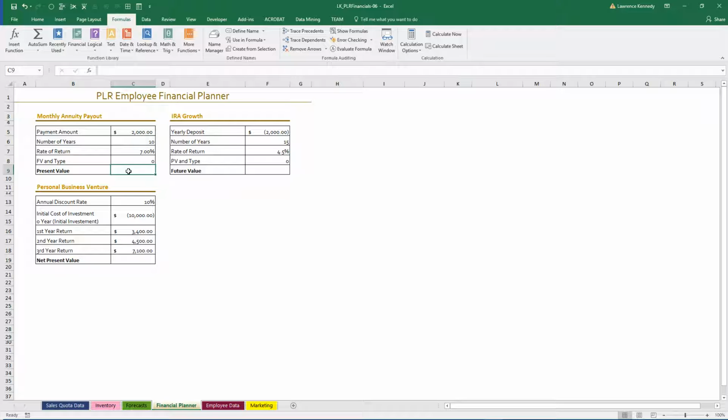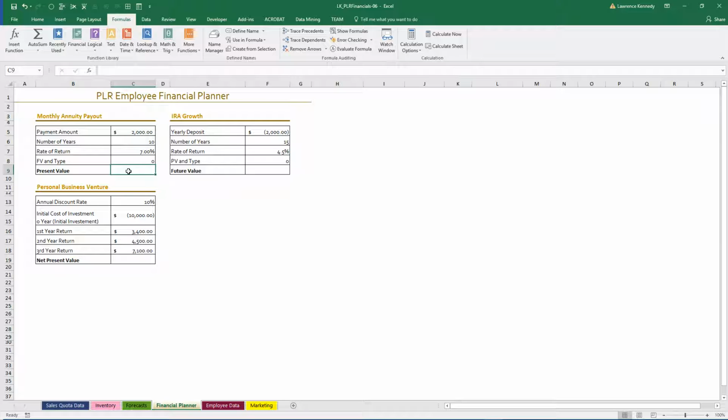On the other hand, the future value function uses the concept of the future value of a series of payments over the period of, let's say, 20 years, using the same insurance policy concept. You want to know what the payment you're making now on a monthly or yearly basis will be worth in 20 years.